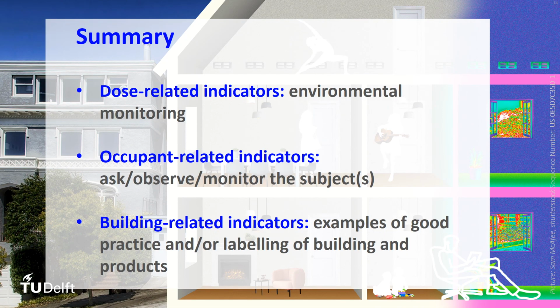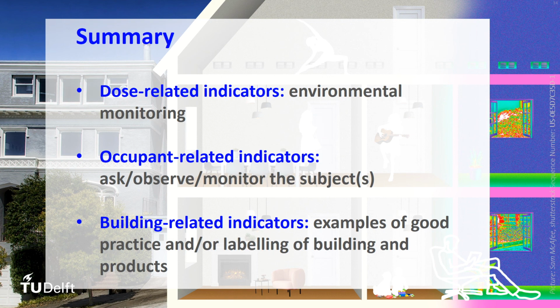To summarize, we have three groups of health and comfort indicators available to assess indoor environmental quality. The dose-related indicators, mostly used in standards and guidelines, which can be measured in the environment of the subject with environmental monitoring techniques, for example, monitoring the temperature.